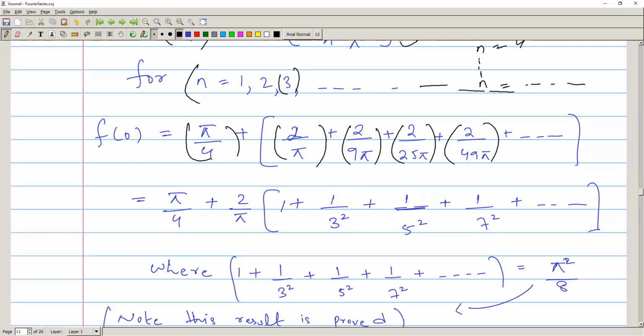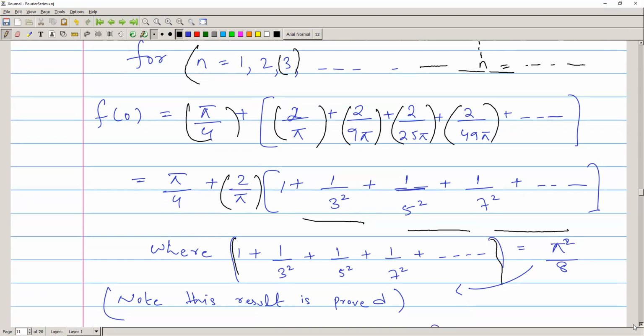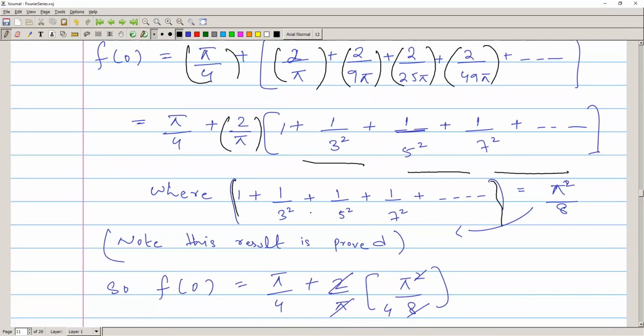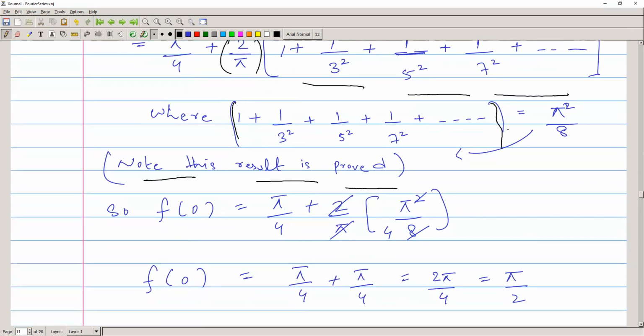So now we can take out 2 over pi as common, because 2 over pi is common everywhere. We are left with this in the bracket, and this is equal to pi squared over 8, and this result is proved, right? The value 1 plus 1 over 3 squared plus 1 over 5 squared plus 1 over 7 squared and so on is pi squared over 8. Notice this result is proved, so we can replace this with pi squared over 8.